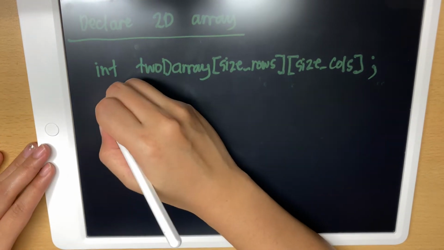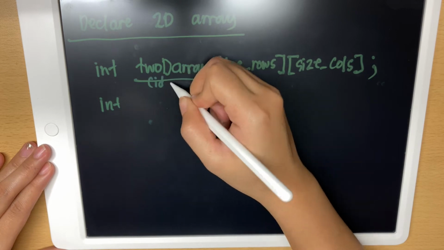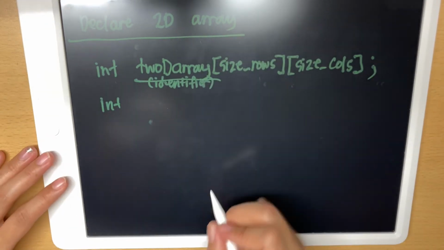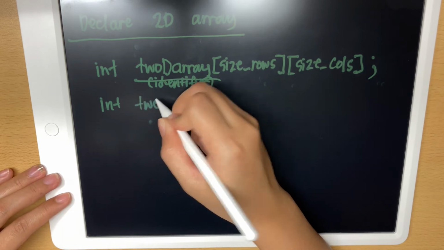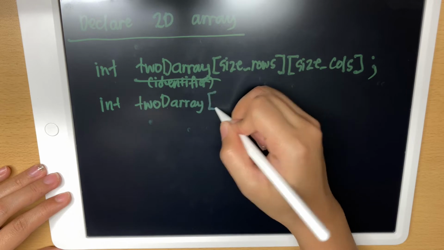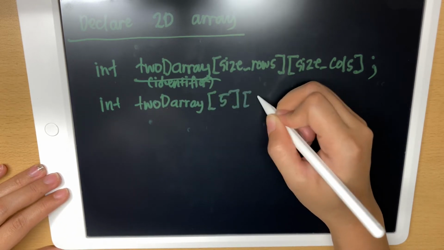And let's just say that this is the identifier or variable to name our array. So I'll still use 2D array of size 5 by 3.